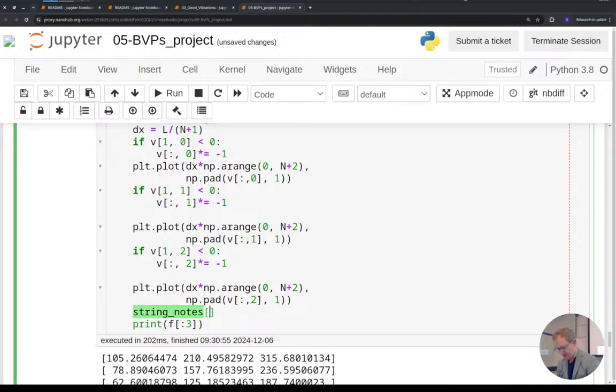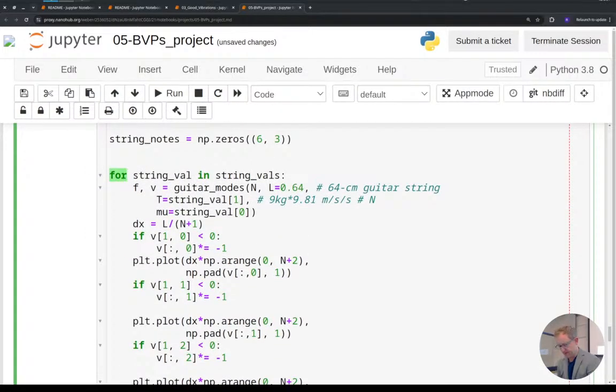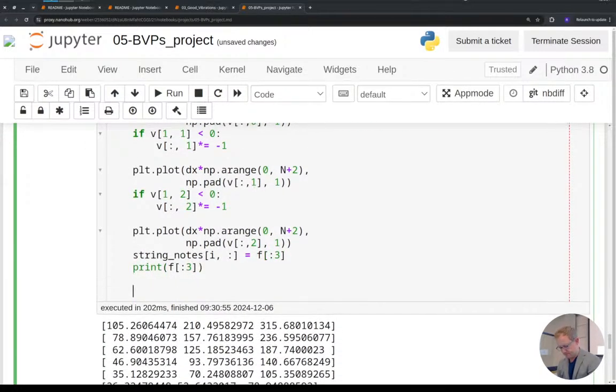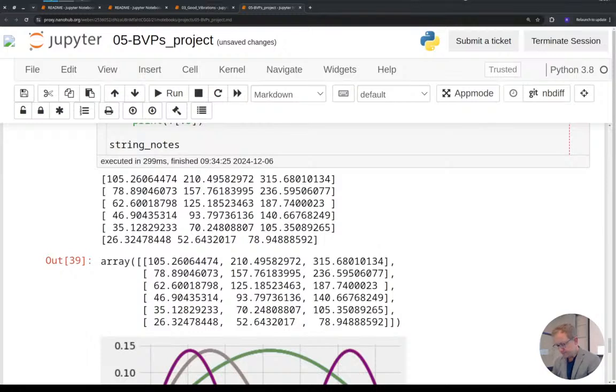This is just how I'm thinking about it. I can enumerate this thing, so that instead of just printing out those numbers and trying to reuse them, now I've got an array full of each of those frequencies that I want to listen to.